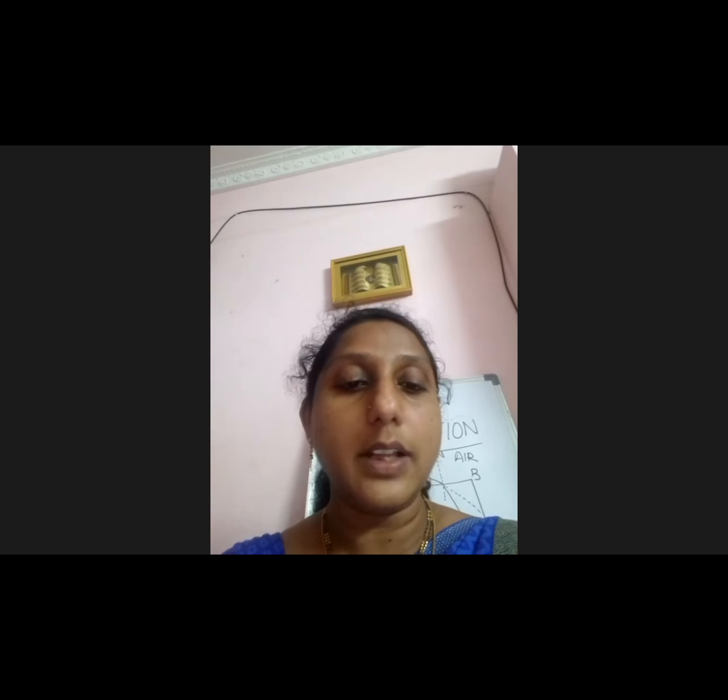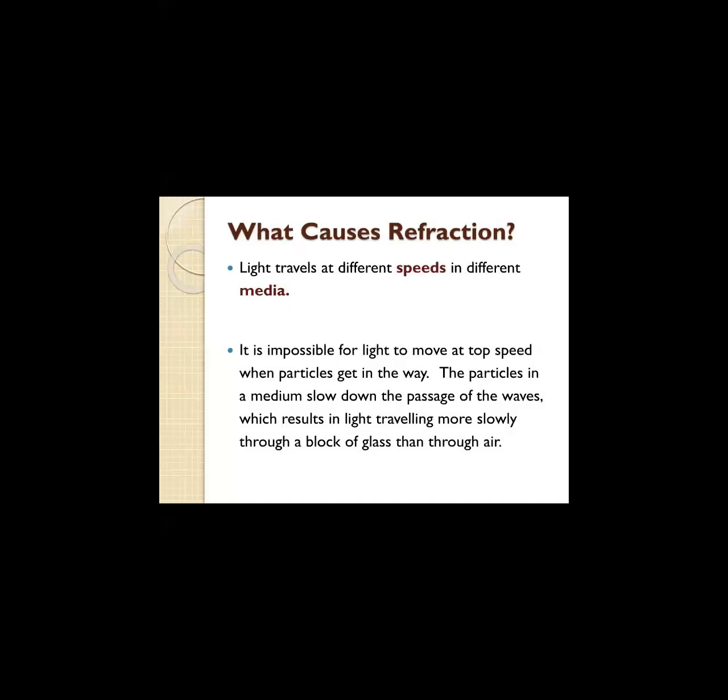Now, what are the causes of refraction we are going to see? Light travels at different speeds in different medium. So the cause of refraction is that light travels at different speeds in different medium.